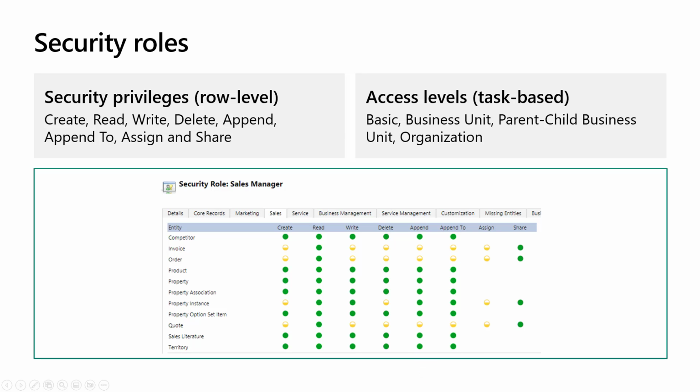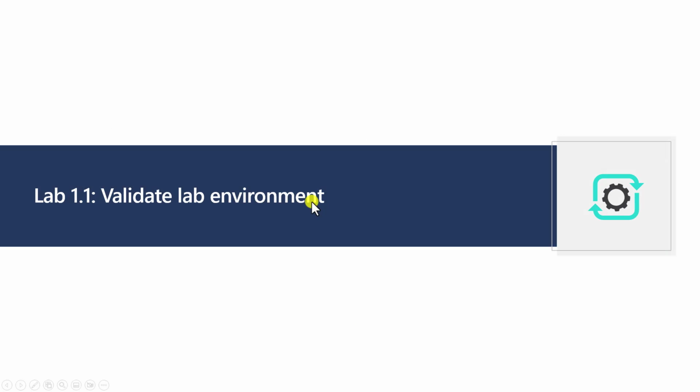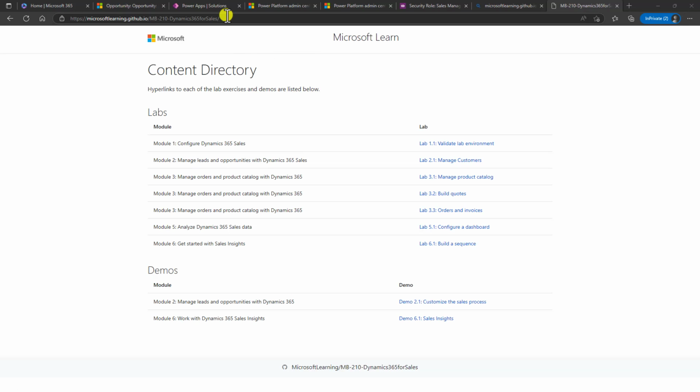Now in my presentations, I have referenced a few of the lab exercises, and for that you simply need to log into a portal, and I am sharing. To perform the labs, you simply need to go to this URL, that is microsoftlearning.github.io/mb210-dynamics 365 for sales.